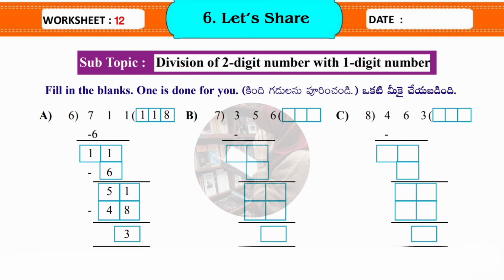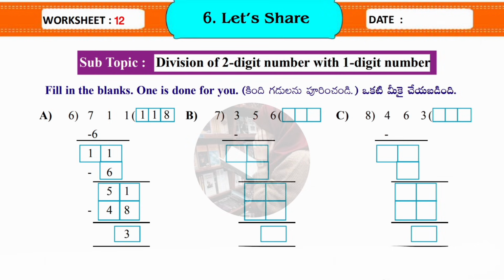So here the subtopic is division of a 3-digit number with a 1-digit number. Okay, let's see. First one is already given, which is 711. Dividend is given, 6 is divisor. Let's see. 6 ones are 6, 1 will be left, 1 will bring down, then it will become 11, then 6 ones are 6.